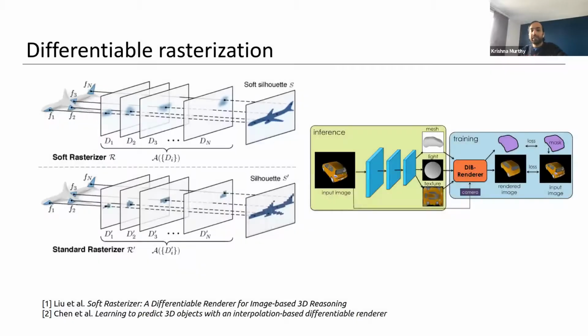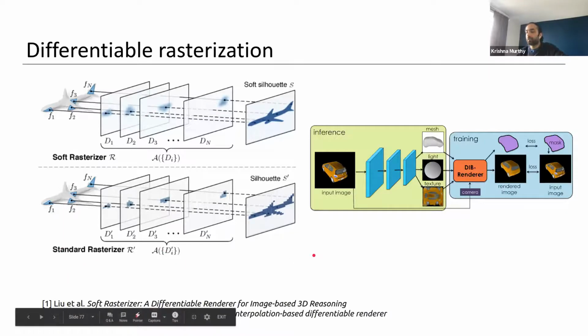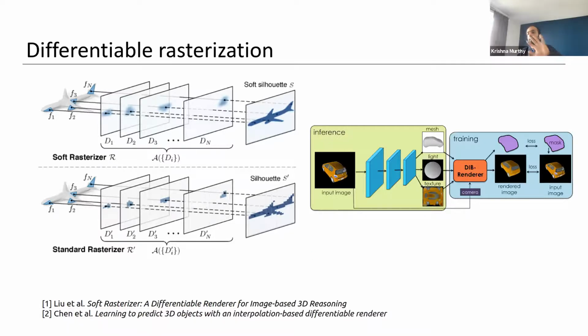Our differentiable rendering engine is based on previous work. There are 2 dominant approaches for rasterization-based differentiable rendering. On the left, you see the soft rasterizer, and on the right, DIBR, the differentiable interpolation-based renderer.